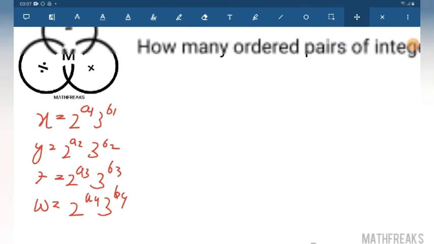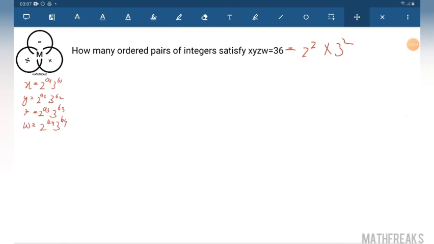These are the considerations that we need to do first.